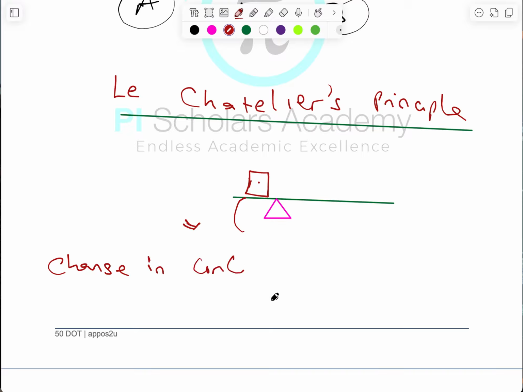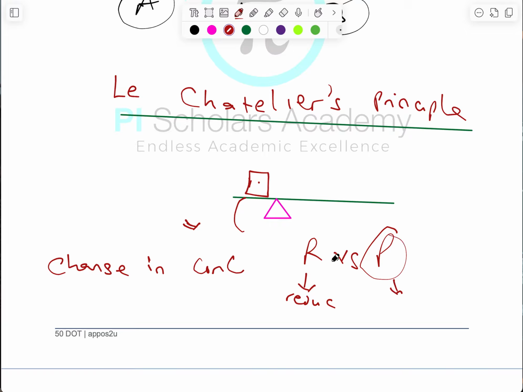If you change the concentration of a particular point in the system, for instance, we're going to be dealing with reactant versus product. If you change the concentration of the reactant, it will affect the whole thing if it was already in equilibrium. For instance, if you reduce the concentration of the reactant, the product is going to now have more concentration.